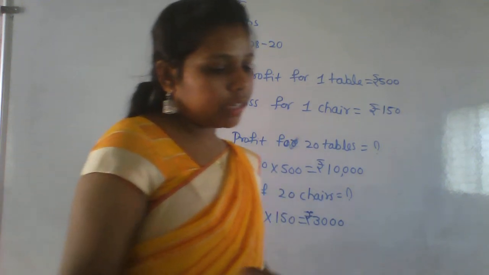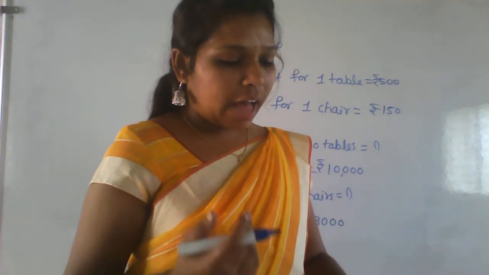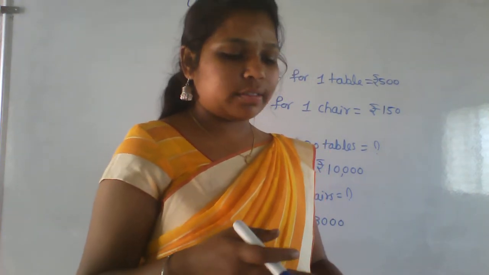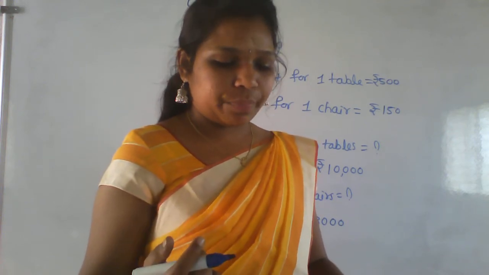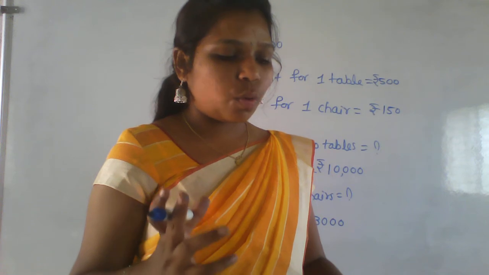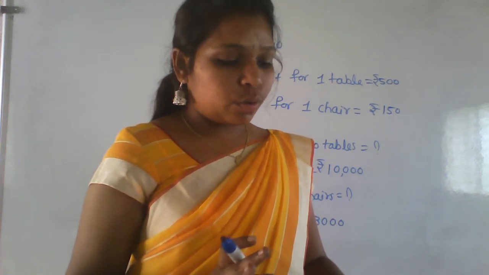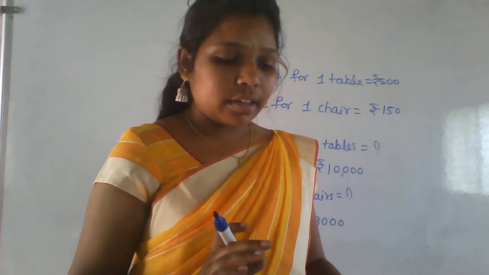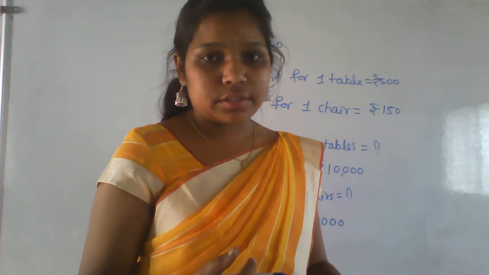In the second question, they asked what is the number of tables he must sell to have neither profit nor loss, if the number of chairs sold is 60. Number of chairs sold is 60, and he wants no loss, then there will be no loss like that. How many tables we have to sell here?